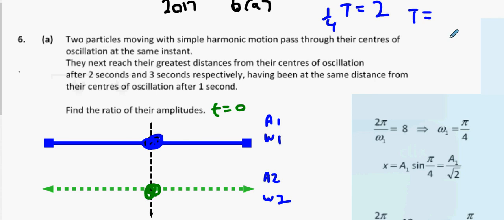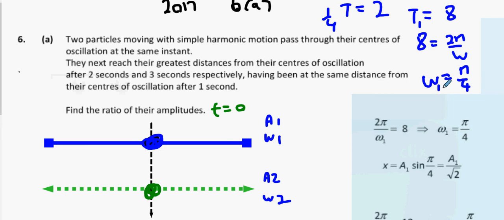So T1 is 8, isn't it? Okay? Now, what's the formula for period? 2 pi over omega. And what is the period? 8. Bring up omega, bring 8 down, and you get omega equals pi over 4.